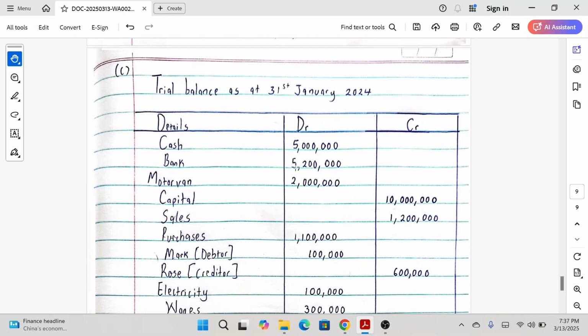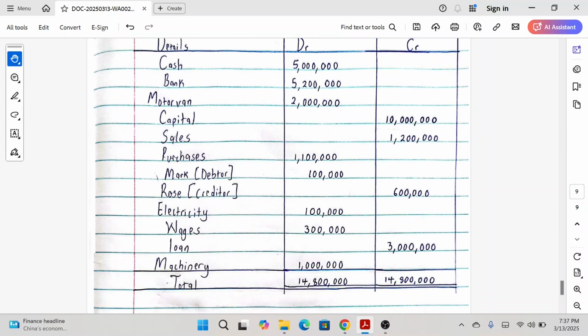5 million, 5.2 debit side, motor vehicle 2 million, capital is having a normal credit balance, sales is having a normal credit balance of 1.2, purchase is having a normal debit balance of 1.1, the debtor Mark is having a normal debit balance of 100,000, creditor Rose is having a normal credit balance of 600,000, then electricity is having a normal debit balance, wages is having a normal debit balance of 300, loan is having a normal credit balance of 3 million, and machinery is having a normal debit balance of 1 million.